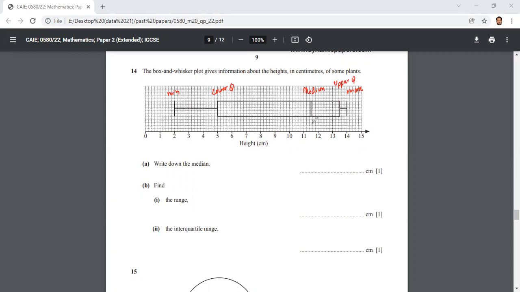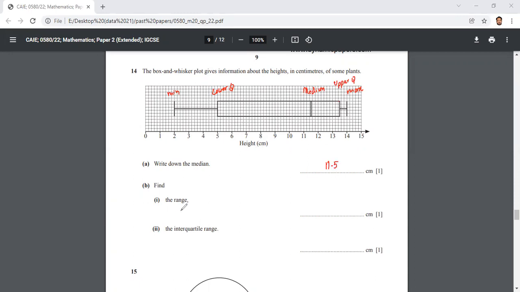So here we have 11, and then after 11 we have 1, 2. So we have 2 boxes, that means 0.4, and this is between this line and this line, that means half, that we can take 0.1. So it is 11.5. Here you can say that, write down the median. This is 11.5 centimeter.